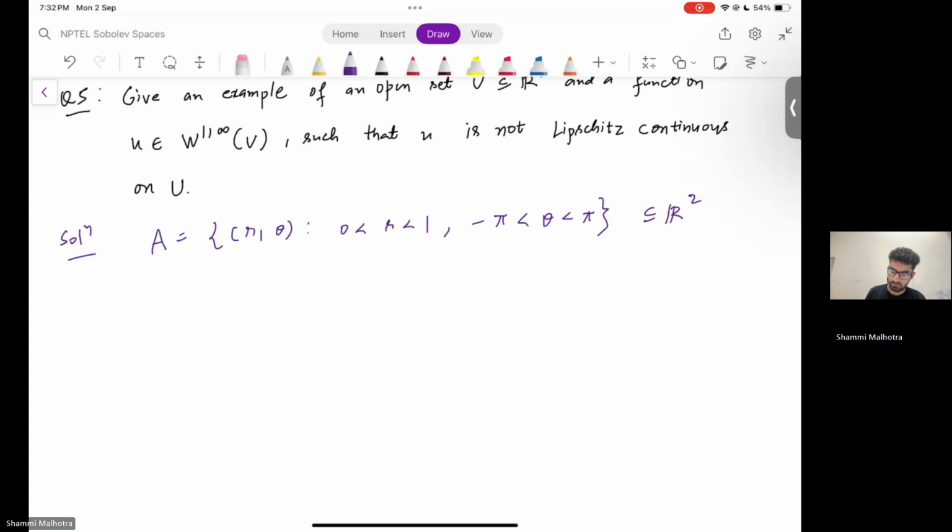define f of x y as x square plus y square. So this is r square only times c. So this is r atan2.